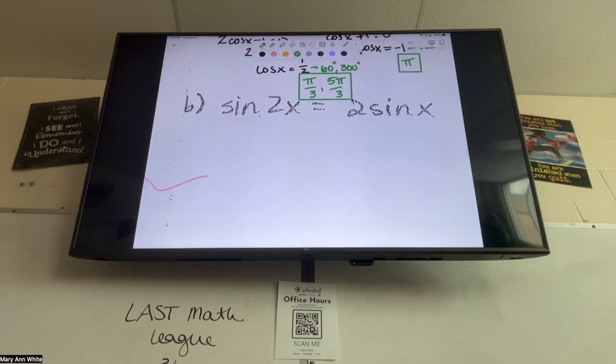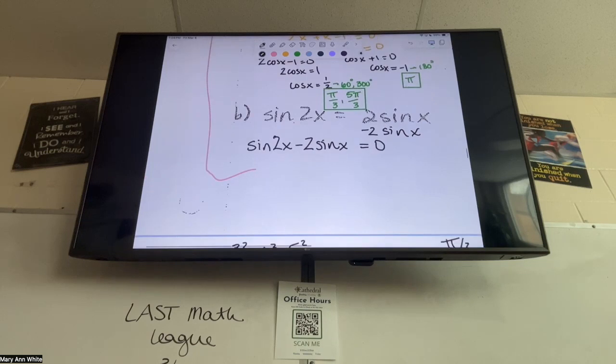Okay, what do you think we should do first? Sine 2x equals 2 sine x. Move it over. Move everything to one side. Put everything on one side to start. Now, I know what you might be tempted to do, but I don't want to do that yet.